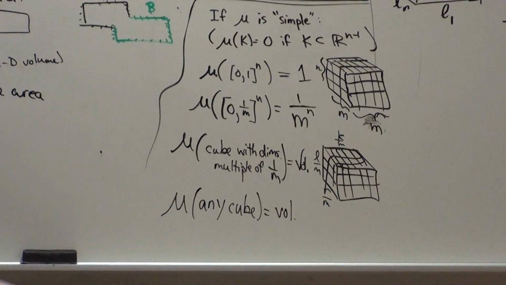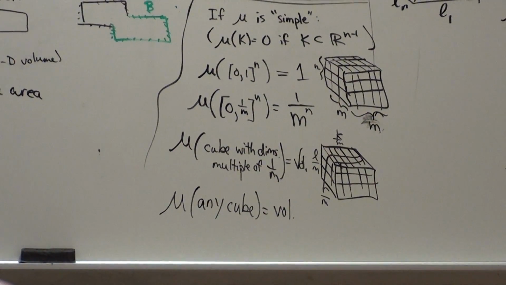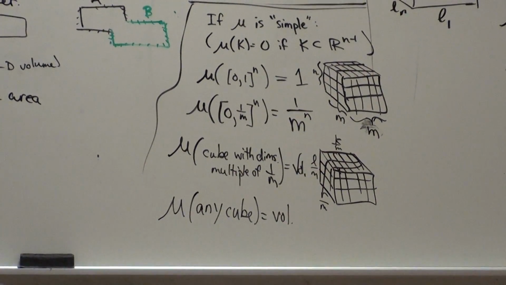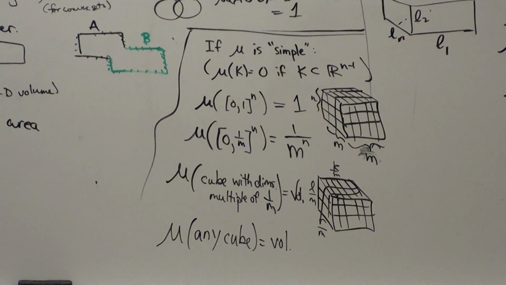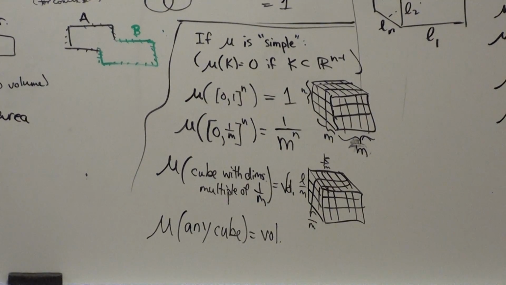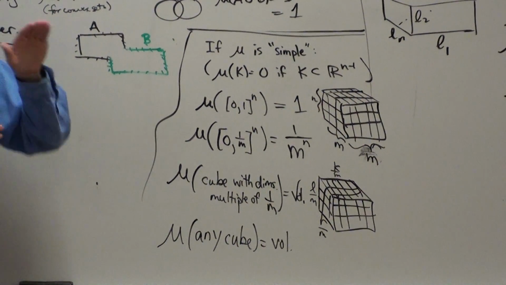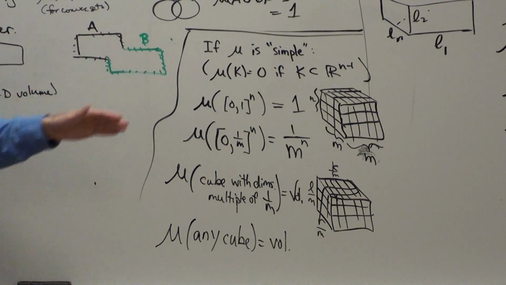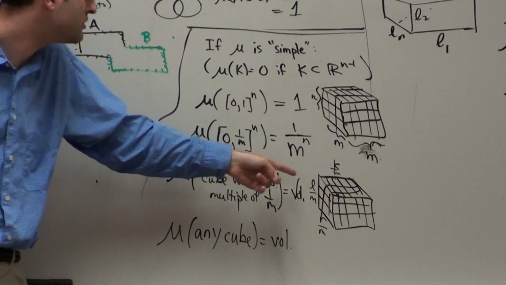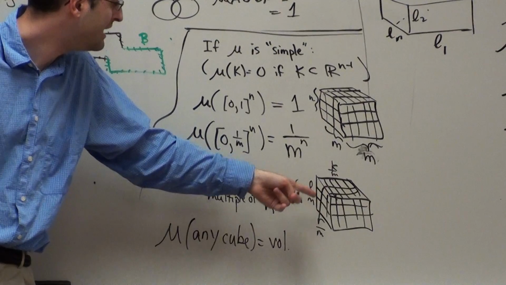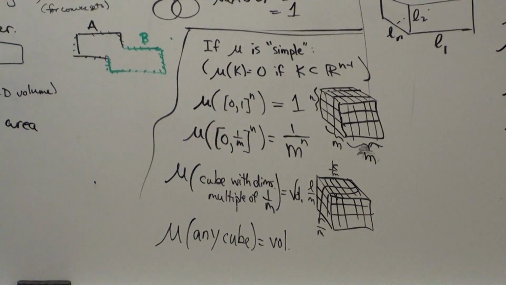Okay. So you can see here, if you look closely, what the trouble is going to be if you try to generalize this to arbitrary convex sets. The angles are going to be a little bit nasty. The angles are not going to be nice and square, so you can't chop it up into same size pieces.